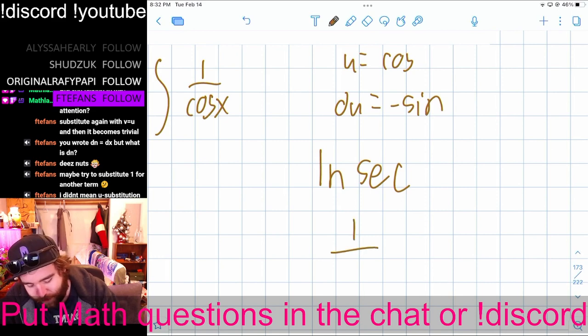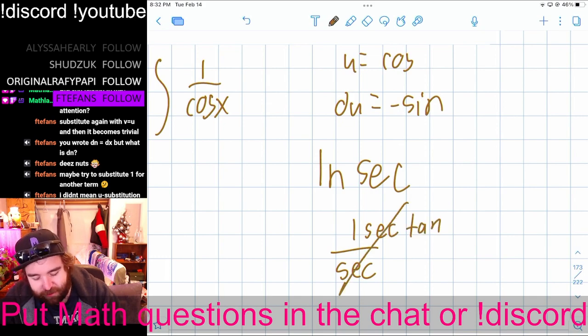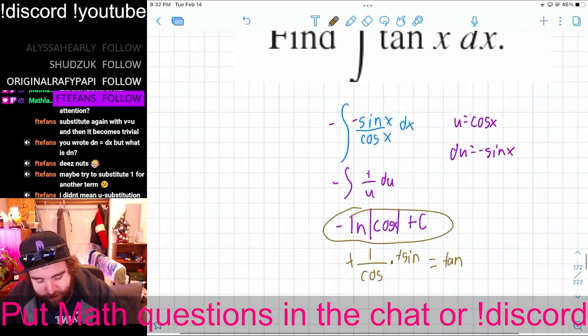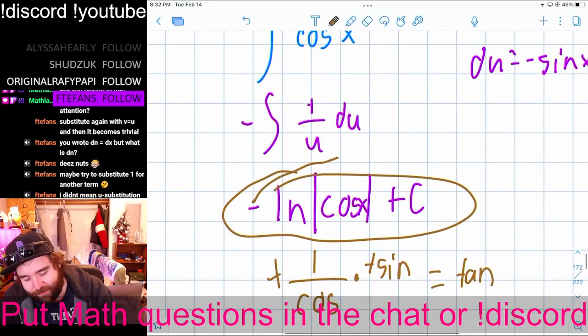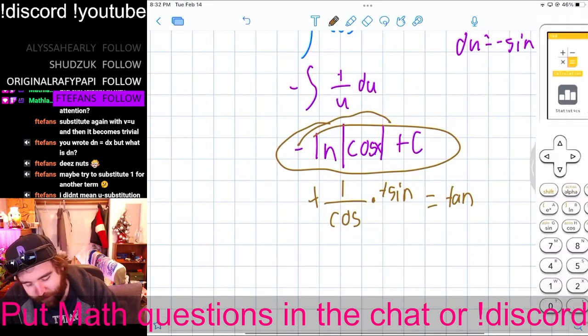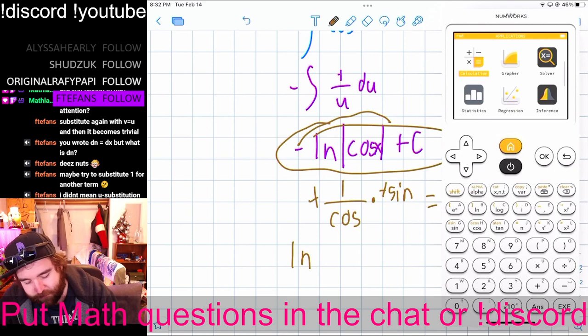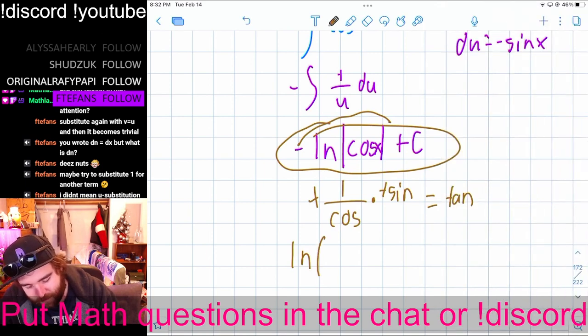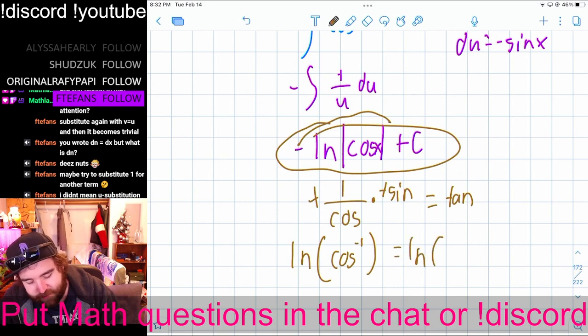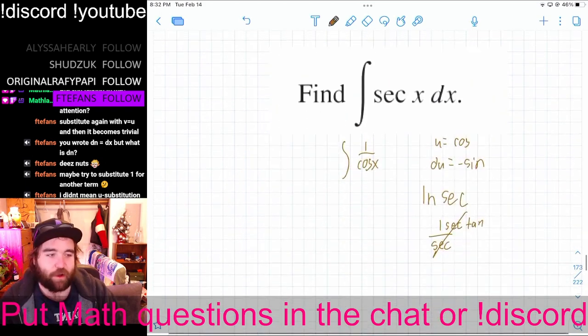Because you'd go 1 over secant and then multiply by the derivative of secant, which is secant tangent. So it cancels out and just gets tangent. And the reason that makes sense is because if you have a negative outside the log, you could rewrite this as the ln of cosine to the negative 1, which is the ln of secant. So that's cool. But that's not helpful at all for us here.